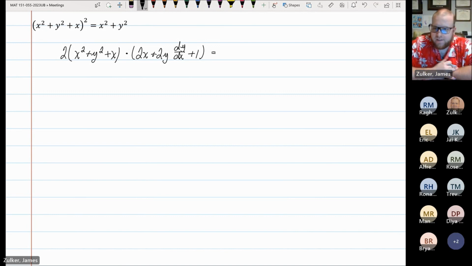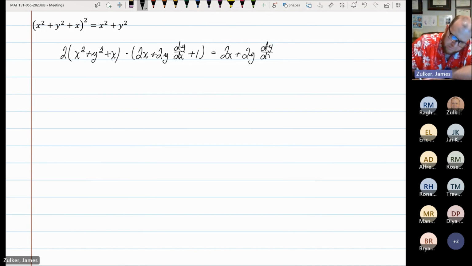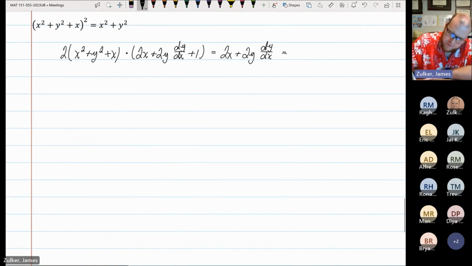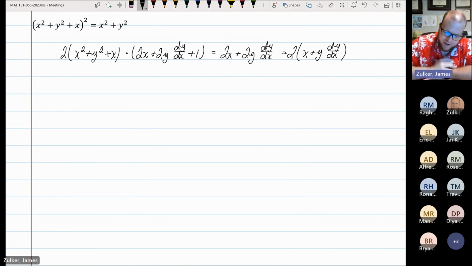Right-hand side, it's just a simple sum rule. I'm also going to factor out that 2 on the right-hand side. That allows me to divide by 2.